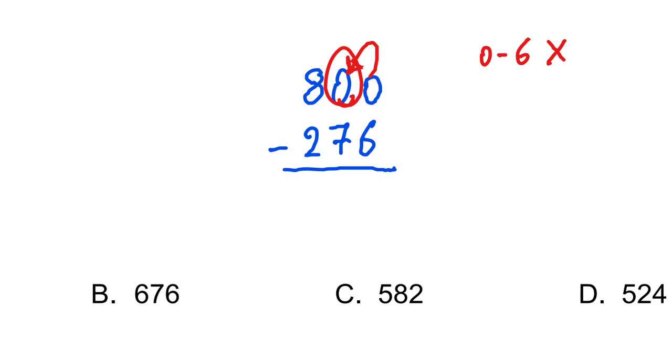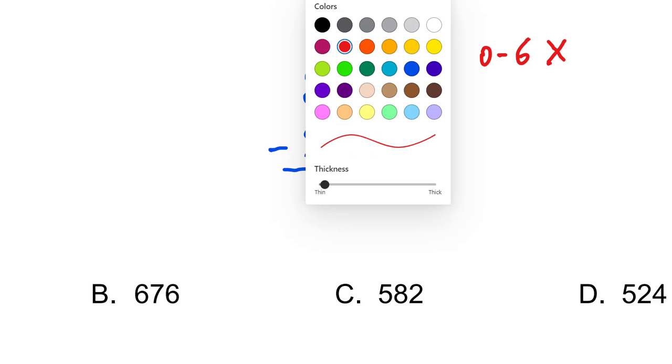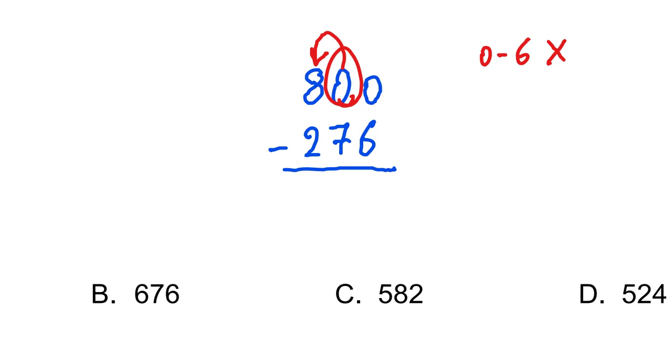So this 0 will not ask now, and this 0 will ask the next digit. And the 8 will accept to give 1 because the 8 has 8. So we can take 1 from the 8. It will be 7. And give it to the 0. And it will be 10.